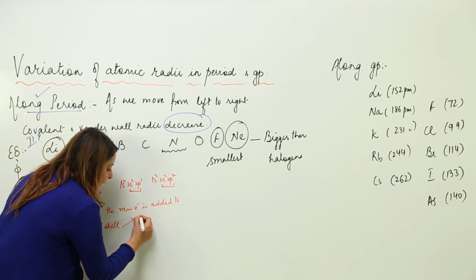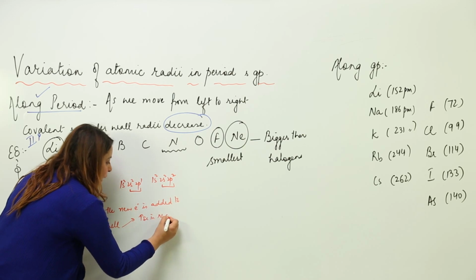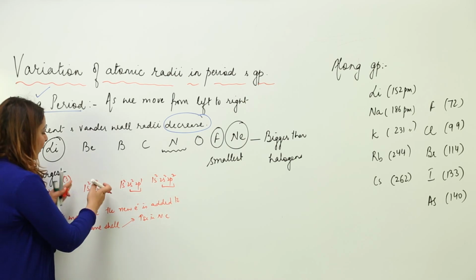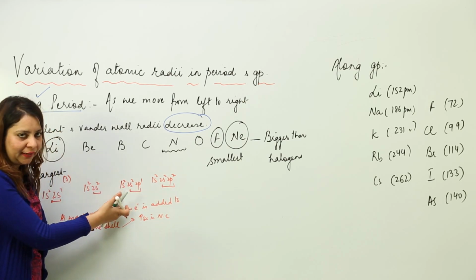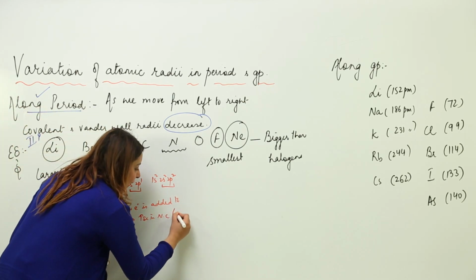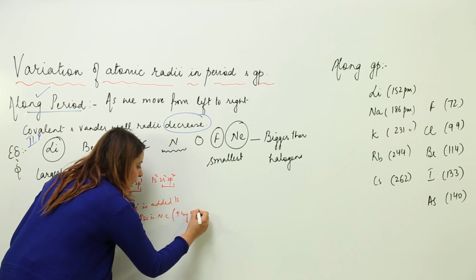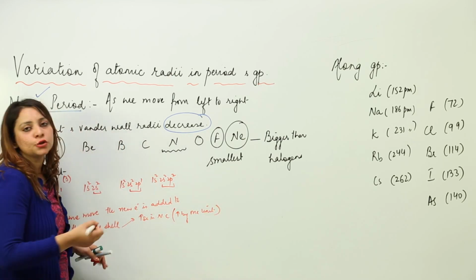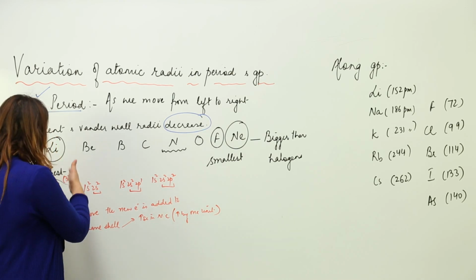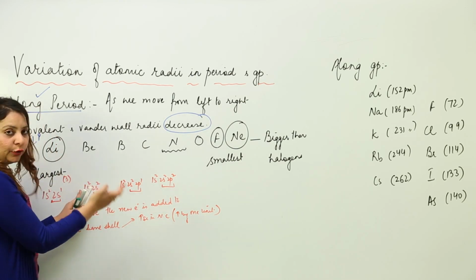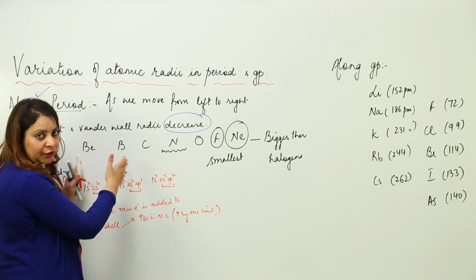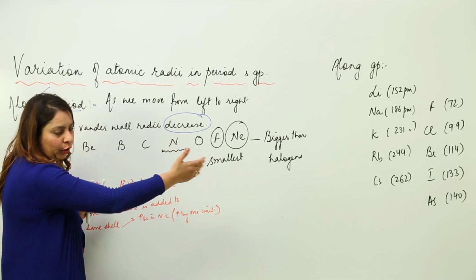One is the increase in the nuclear charge, because if we compare these elements, only one electron is getting added. So the nuclear charge increases by 1 unit. Beryllium will have 1 unit more nuclear charge than lithium, boron will have 1 unit more than beryllium, and so on.